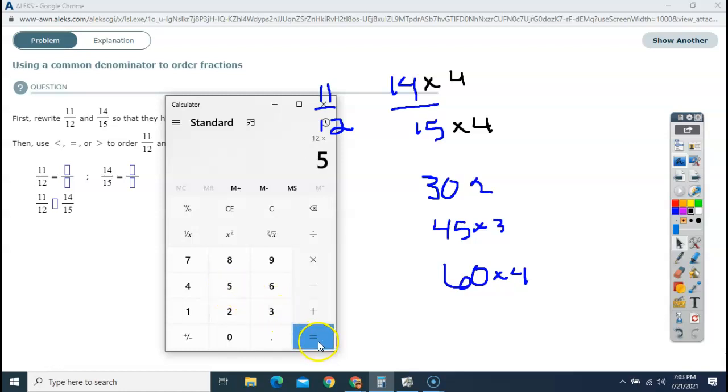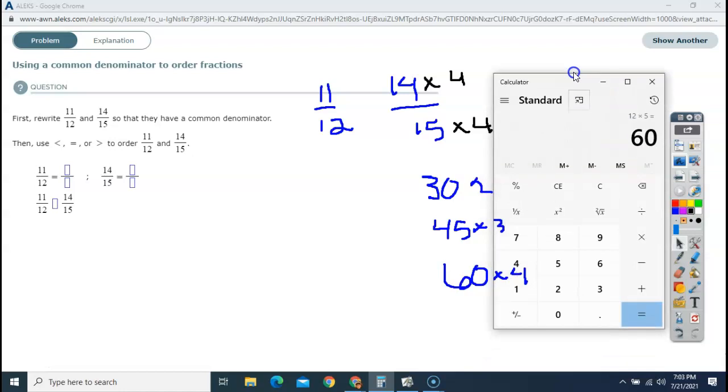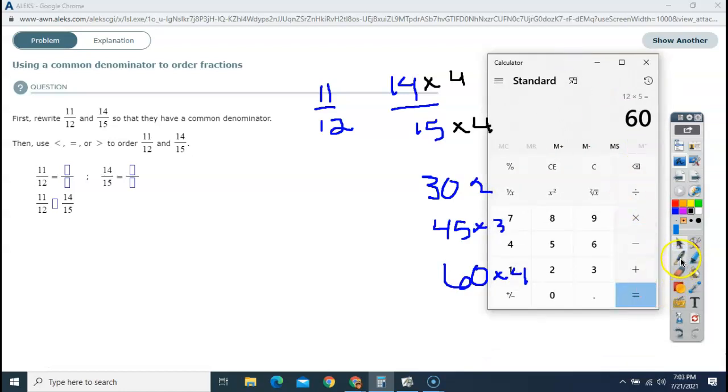If you have your multiplication chart, you know. So 12 times 5 is 60. So over here, I'm going to have to multiply this times 5 and this times 5. All right, so I know that 5 times 11 is 55, and 5 times 12 is 60.